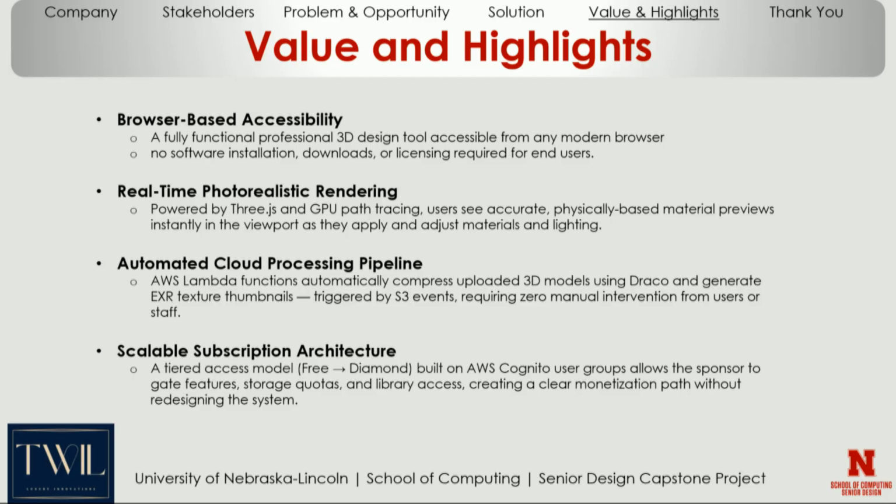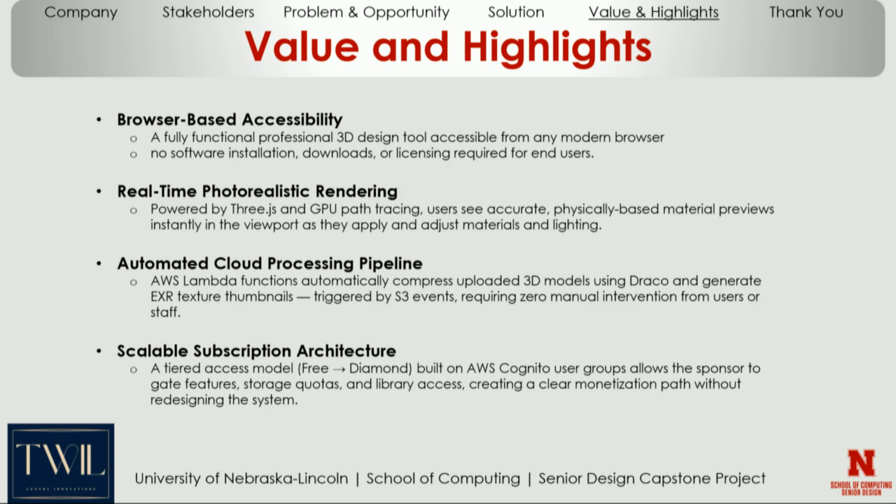The value that this presents: it's accessible through a browser, which makes it easy for many people to use. It's real-time photorealistic rendering. Since we use Three.js, it has very high fidelity, and we have a GPU path tracer, which allows for computation of really highly accurate lighting.